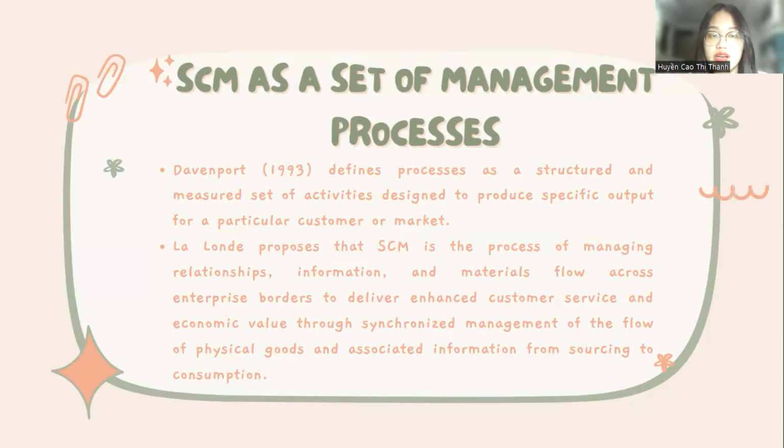And the second one posits that supply chain management is the process of managing relationships, information, and material flows across the enterprise to deliver enhanced customer service and economic value through the management of the flow of physical goods and associated information from sourcing to consumption.